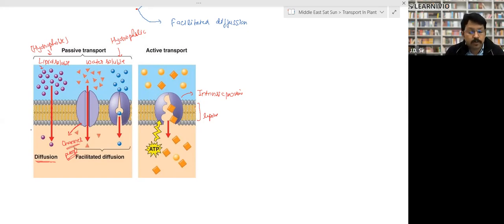How does it work? Look, suppose you are in your school, and in your school there is a bus, a school bus. Now this is the time to leave the school. The bus is in front of your classroom.